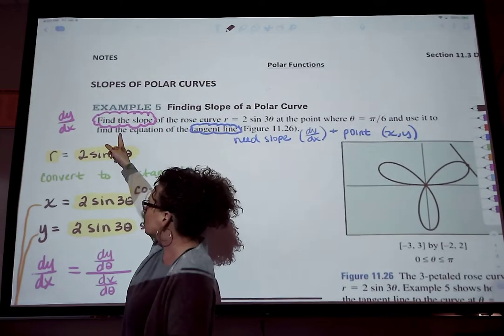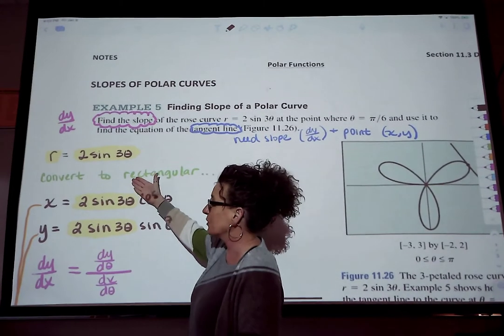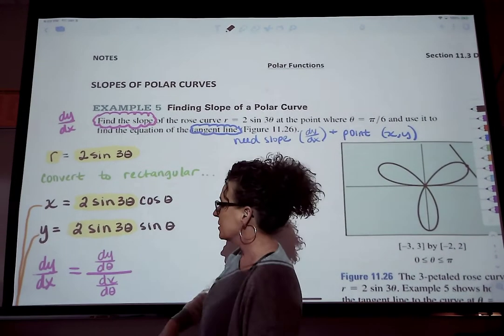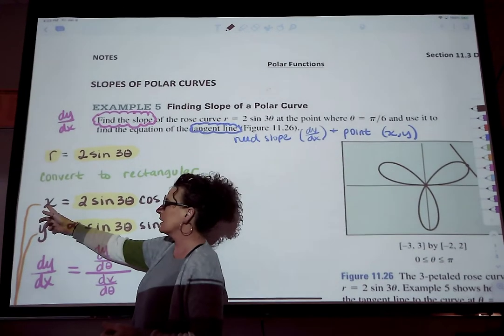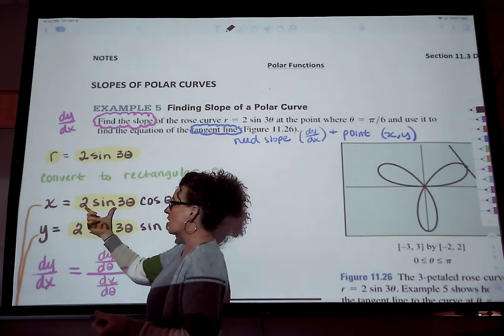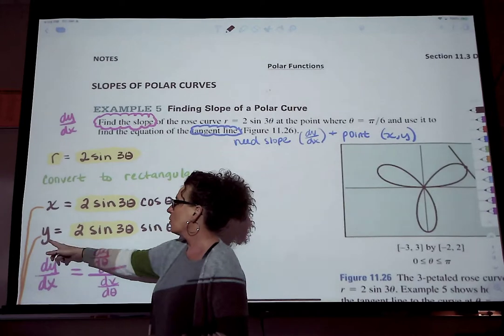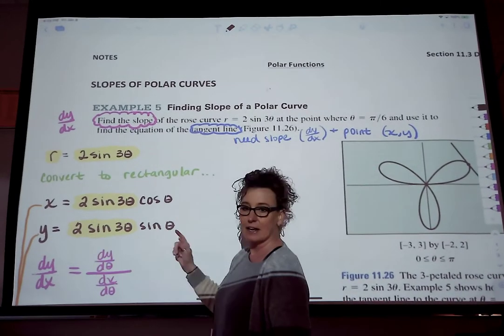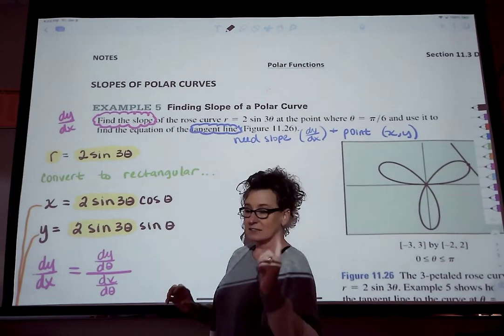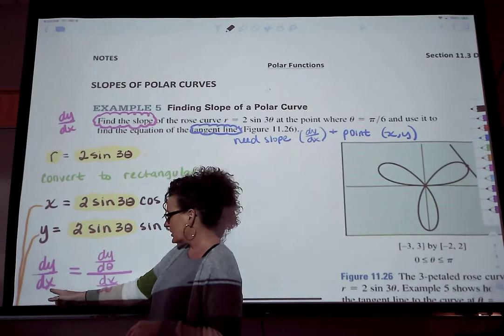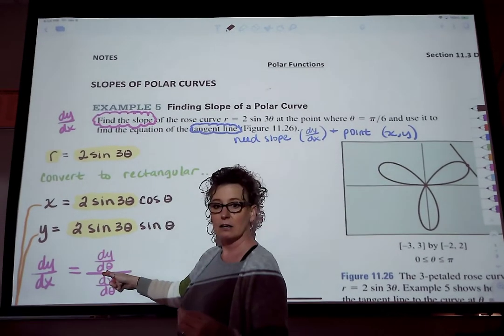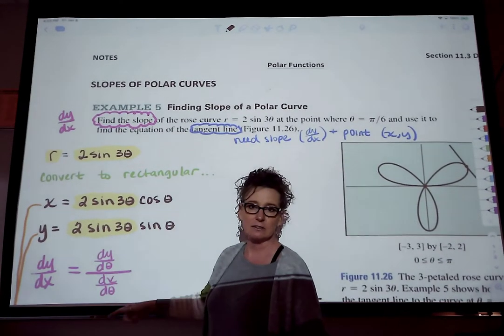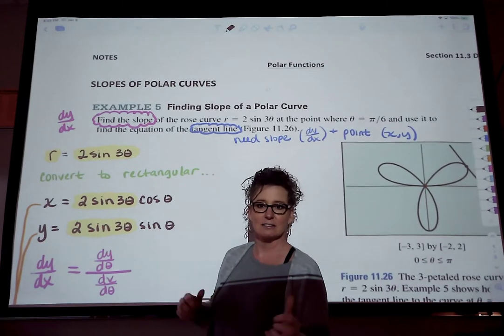So in order to get dy/dx, I've got to convert this to rectangular. The conversion formula, of course, is x equals r cosine theta, y equals r sine theta. And to get dy/dx, you're going to need dy/d theta over dx/d theta, so that your d thetas cancel out.